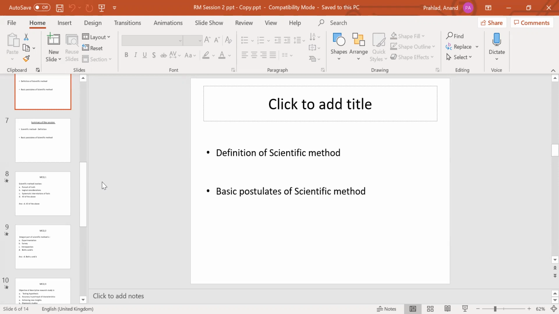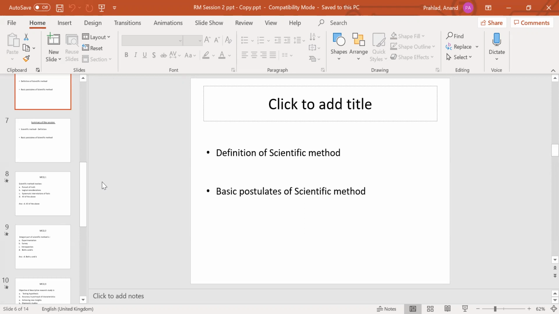Now, let us move on to the basic postulates of scientific method. What are the basic postulates or the facts of scientific method? A, it relies on empirical evidence. Empirical evidence refers to the information that is acquired through observation or experimentation.